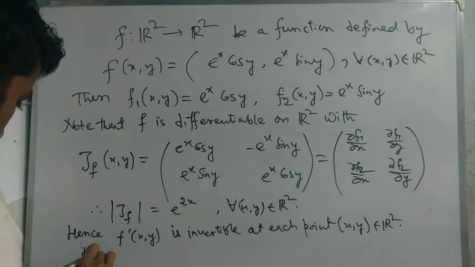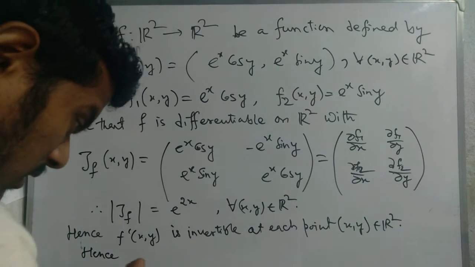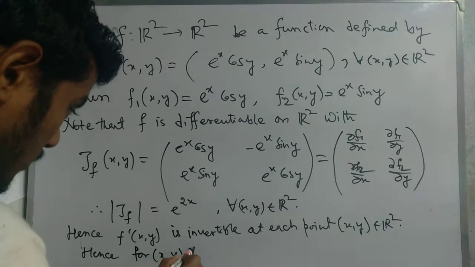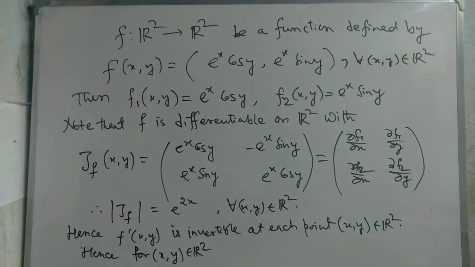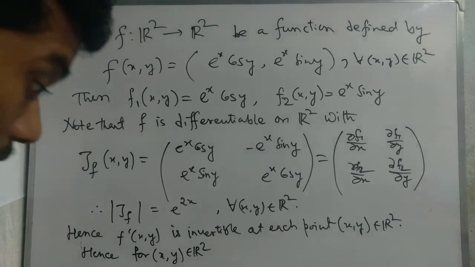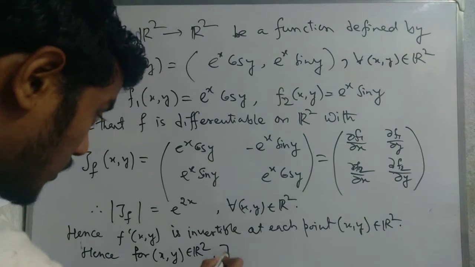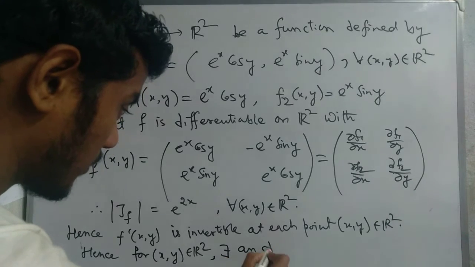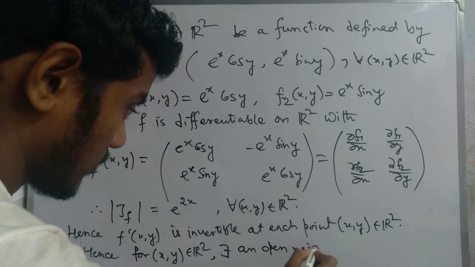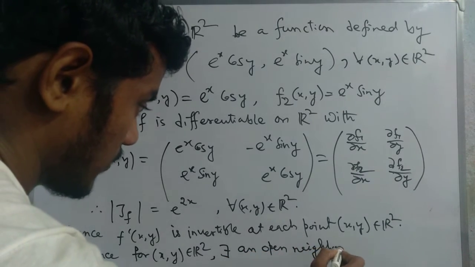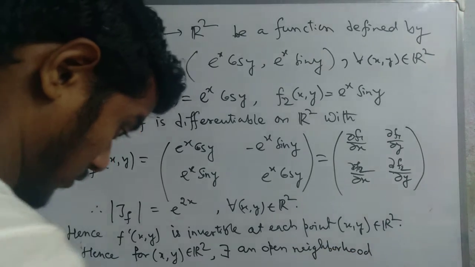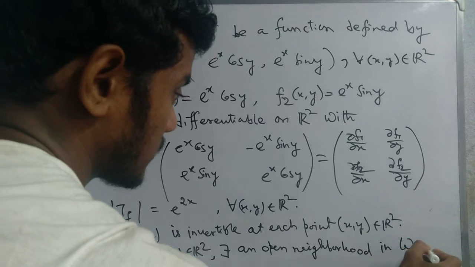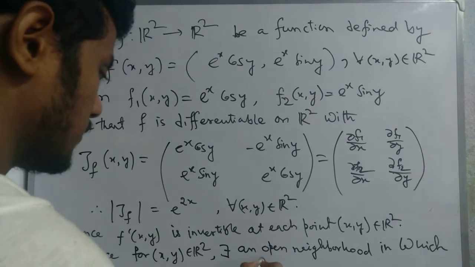Hence for (x,y) belonging to R square, there exists an open neighborhood in which f is invertible.